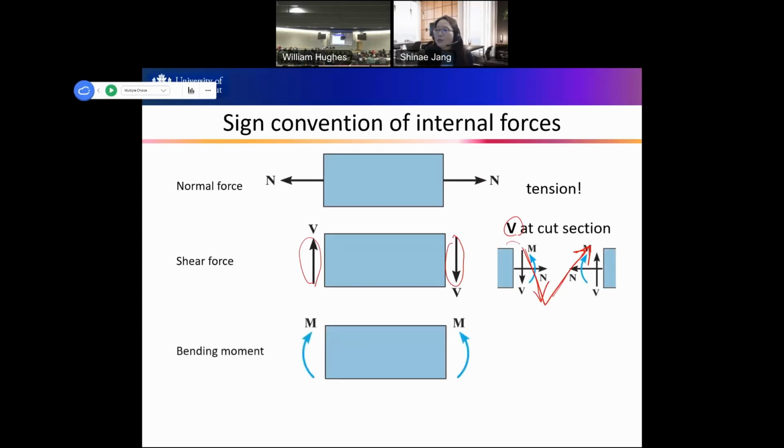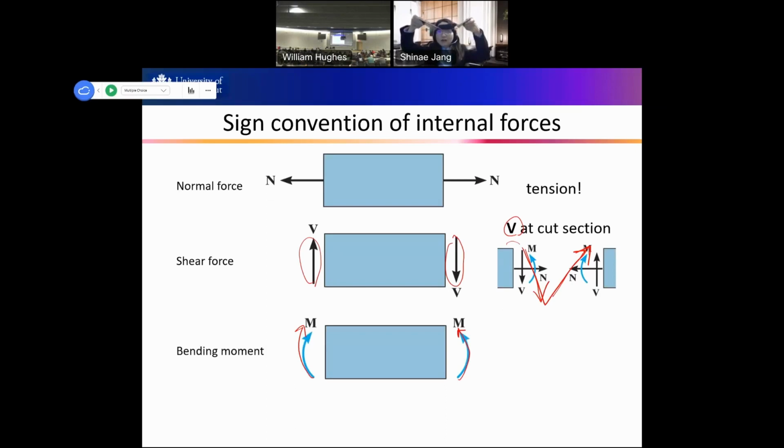And then bending moment, also a pair: clockwise on the left and counterclockwise on the right. That is positive. Using the example of a beam, if we have a horizontal member and there is a force, like my calculator on top, it induces this kind of curvature, right?